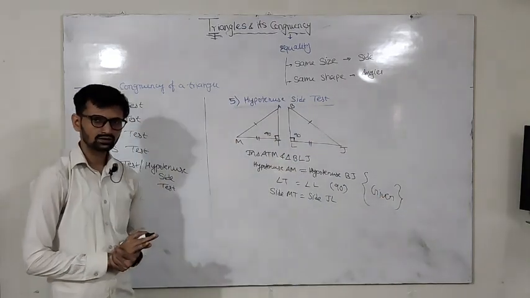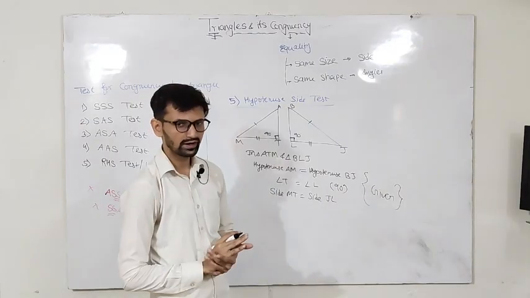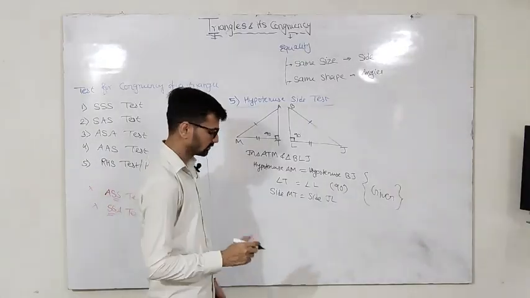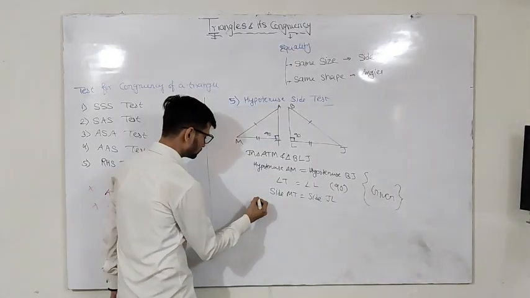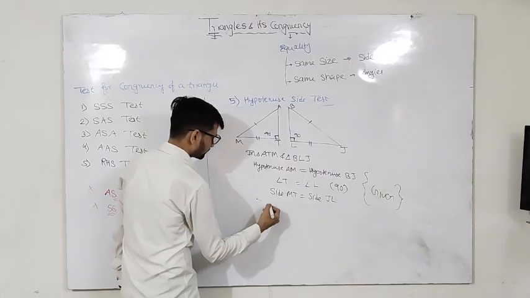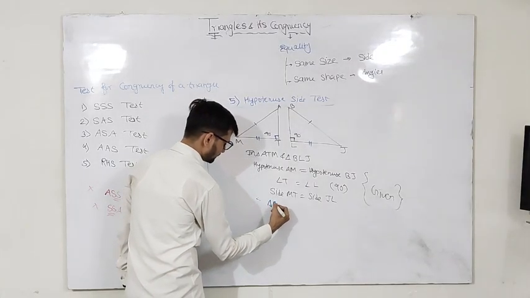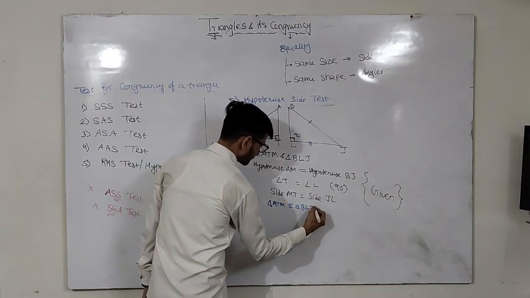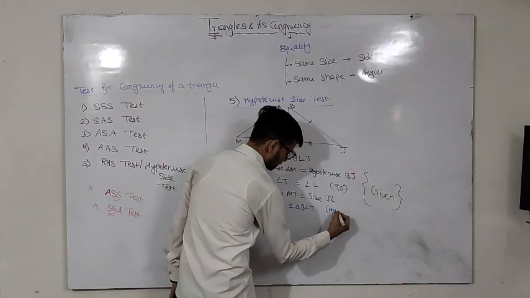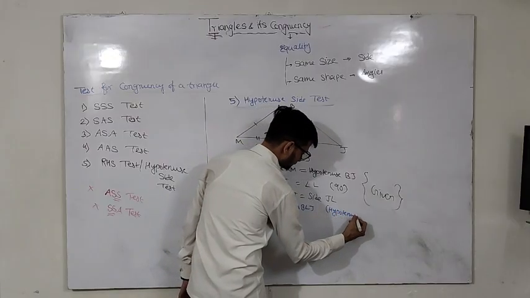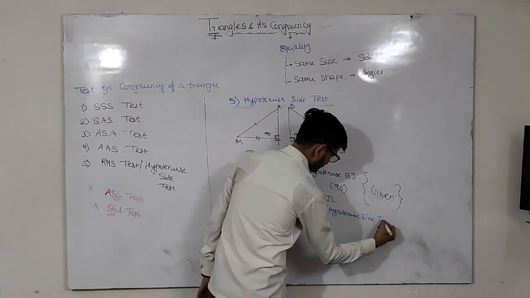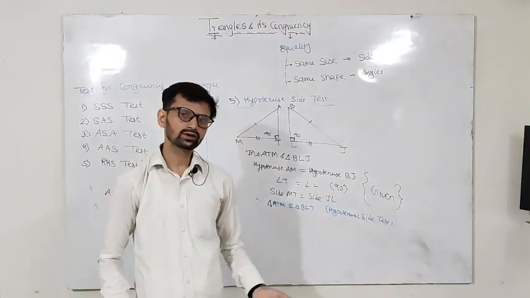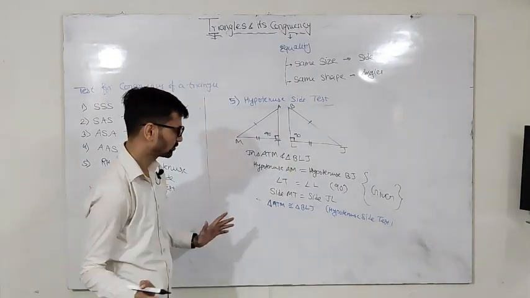If hypotenuse is equal in right angle triangles, one angle is 90 degrees since it is a right angle triangle, and one side is equal, then these two triangles are congruent. These two right angle triangles are congruent. Triangle ATM is congruent to triangle BLJ by hypotenuse side test. And as we know, if two triangles are congruent, then their corresponding sides and corresponding angles are also congruent.